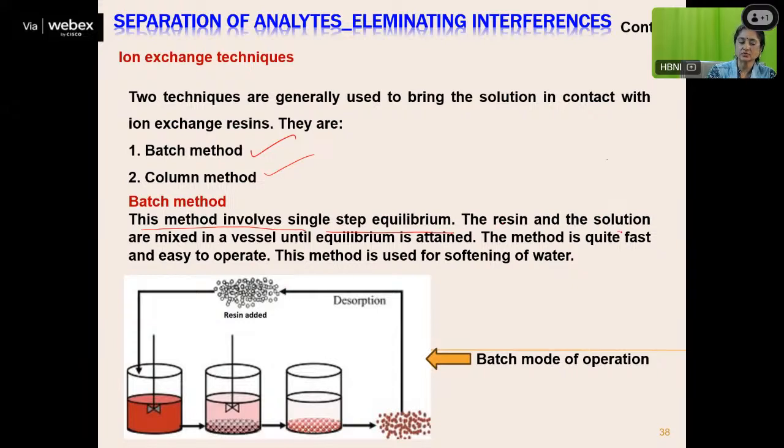The resin and the solution are mixed in a vessel, pictorially depicted here. You add the resin beads to your solution and stir it until equilibrium is attained, and then you separate the supernatant. This method is quite fast and easy to operate, and it is used for softening water. This is known as the batch mode of operation.